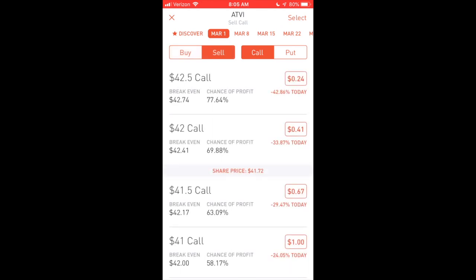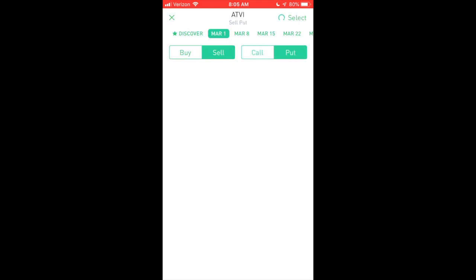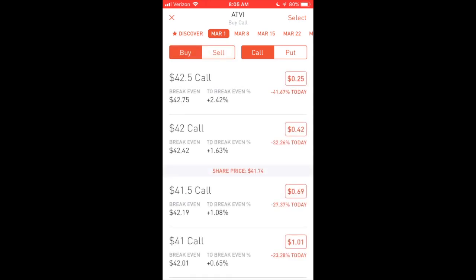If you click on sell, that's saying I don't believe this price is going to be at the specific price that's listed. So don't worry about call or put. We're focusing on just buying and selling right now. Buy means my money is on this stock hitting that price. Selling means I do not think that the stock's price will be at that price point. So that's the basics there.